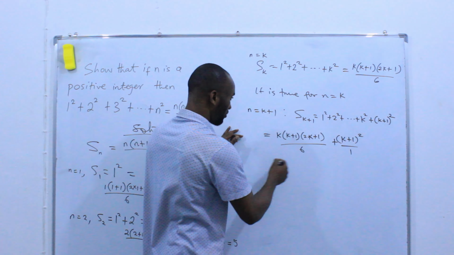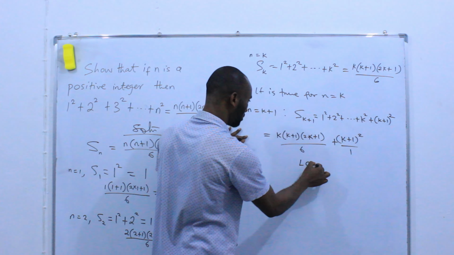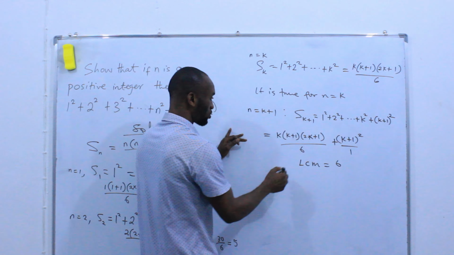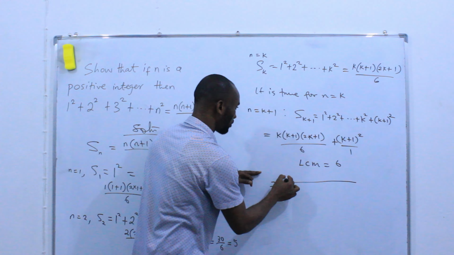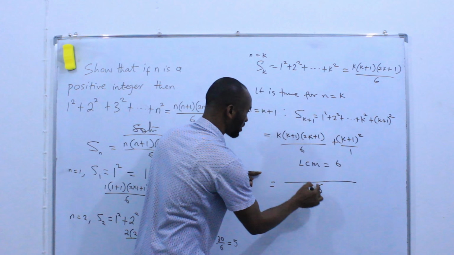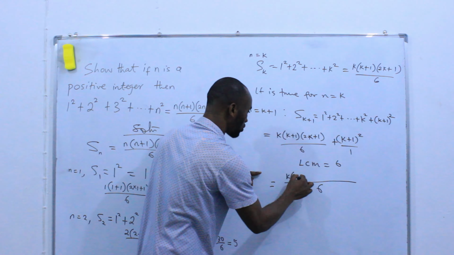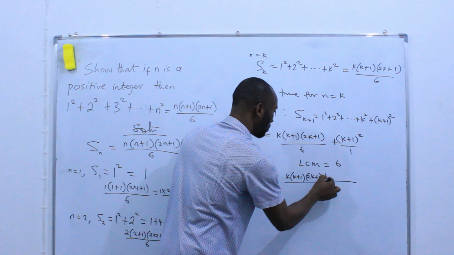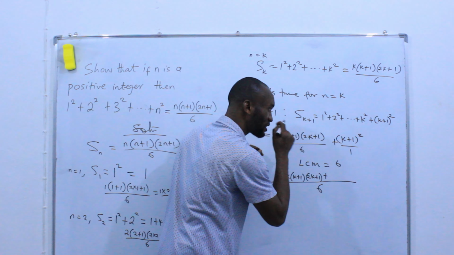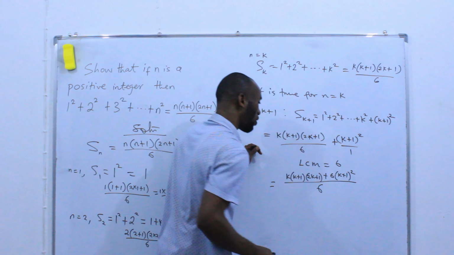So I'm going to have the LCM, which is 6. Using the LCM, 6 divided by 6 is 1, so we have 1 times k(k+1)(2k+1), plus 6 times (k+1) all squared.